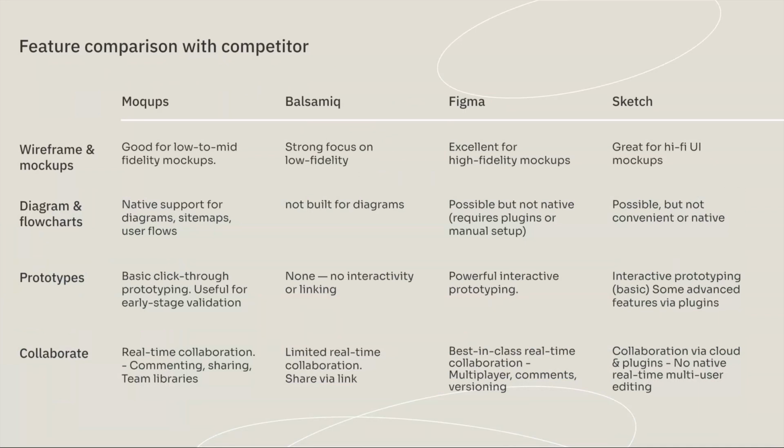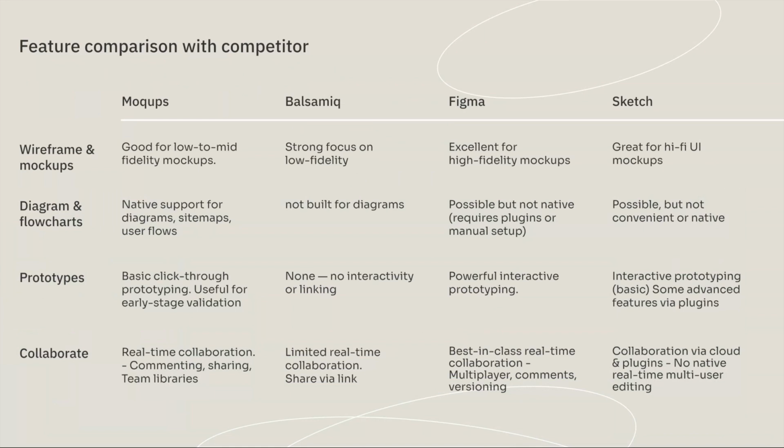Okay, so looking at this competitor comparison, Moqup is best positioned for early-stage ideation, offering an all-in-one platform ideal for project managers, founders, non-designers. Its strength lies in diagramming and basic interactivity, whereas Balsamiq is laser-focused on low-fi wireframes and doesn't provide other features.